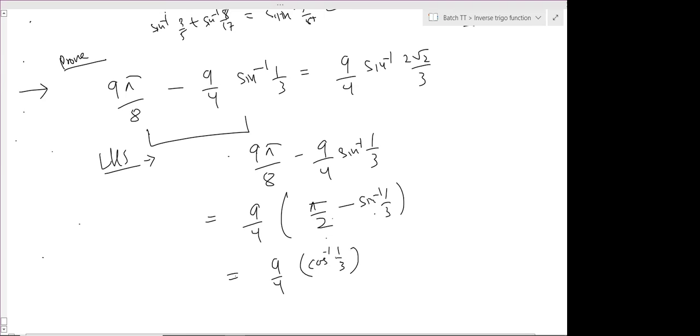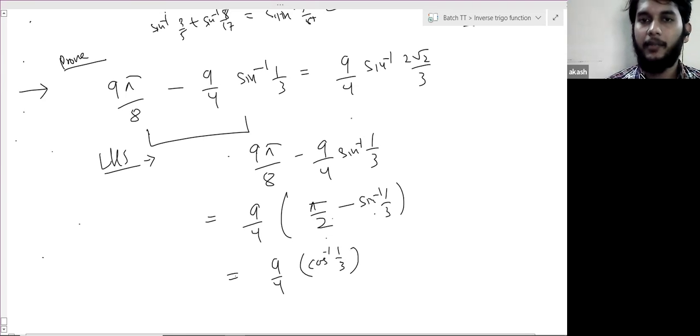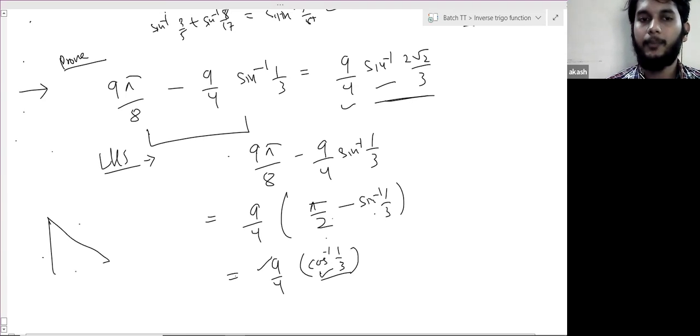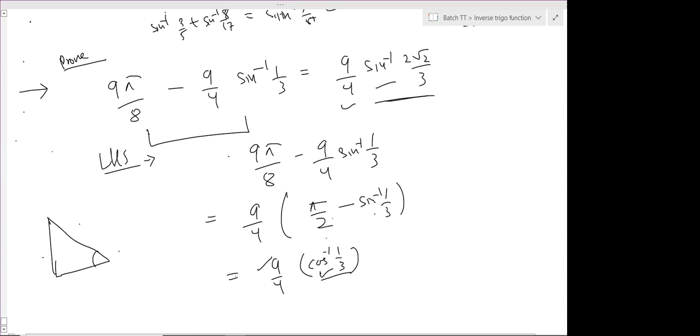Now on the right hand side, we have 9 by 4 sine inverse 2 root 2 by 3, but here we have cos inverse 1 upon 3. So can we convert cos inverse into sine inverse by making a right angle triangle? Yes or no? Yes, sir. Right.